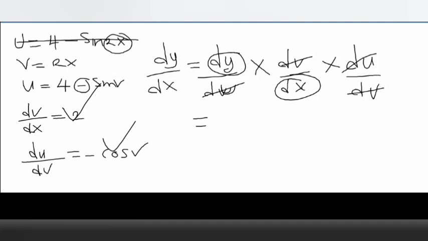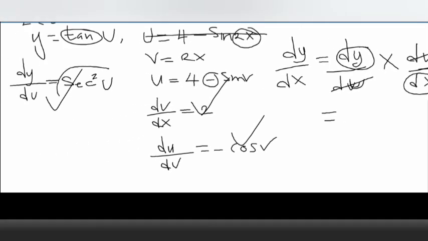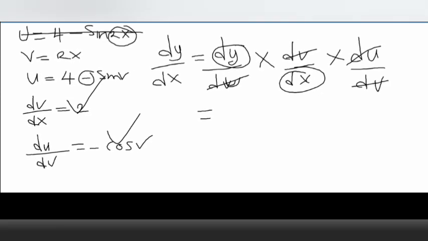So now what is our dy du? Dy du, it is secant squared u. Okay. So sec squared u, then multiply by what is our dv dx. Dv dx is 2. So 2.